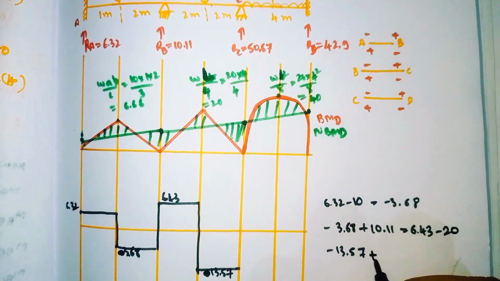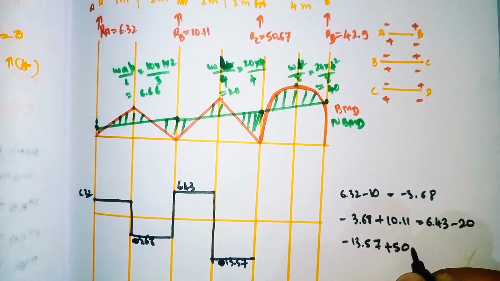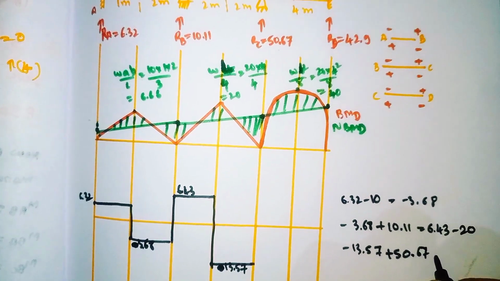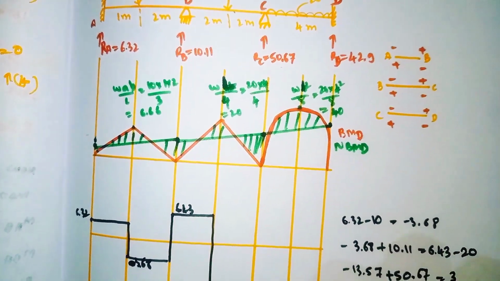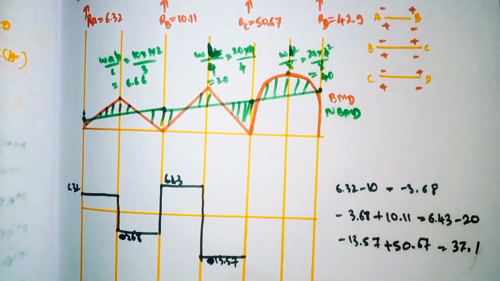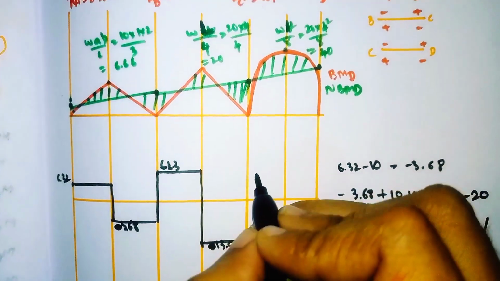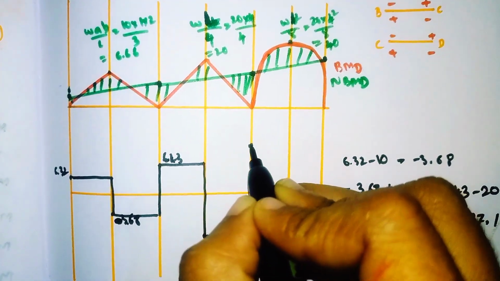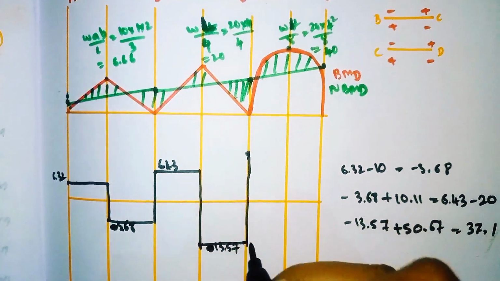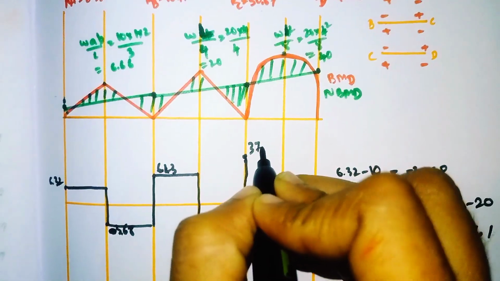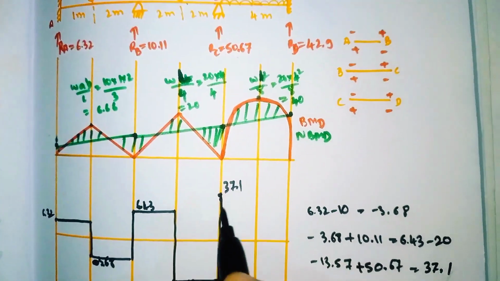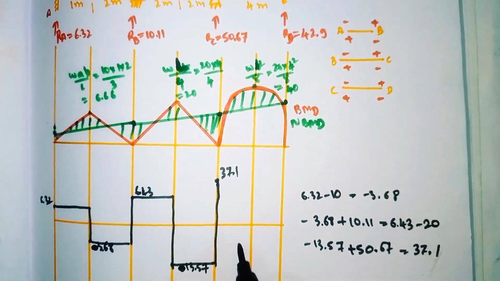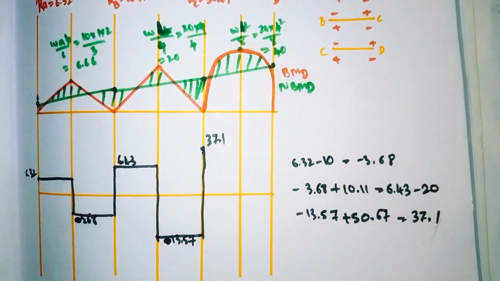It is moving upward, which means we need to add 50.67. It will come out as 37.1. 37.1 means it will come here. Here a UDL is there, and the value comes below the neutral axis.